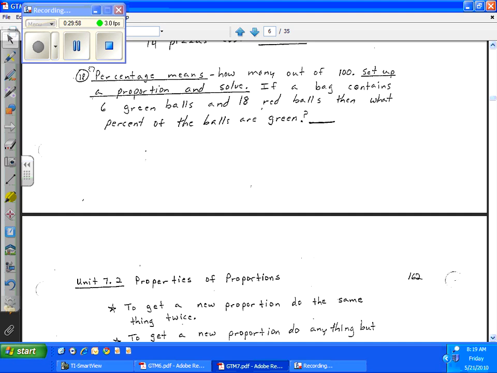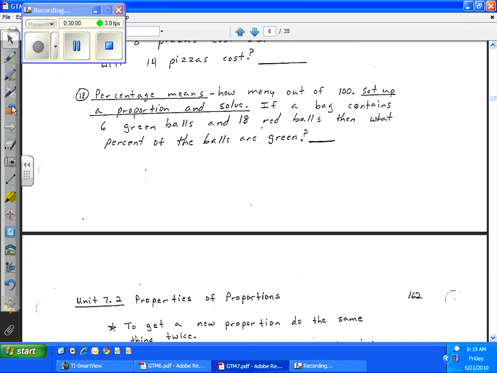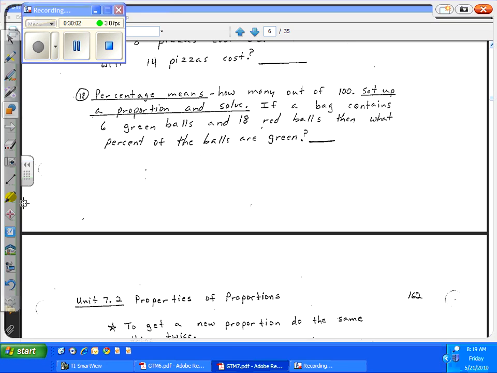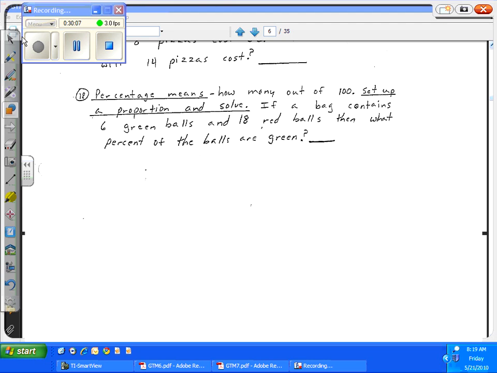Let's just look at number 18. Percent means how many out of 100. Percent means cents or pennies.